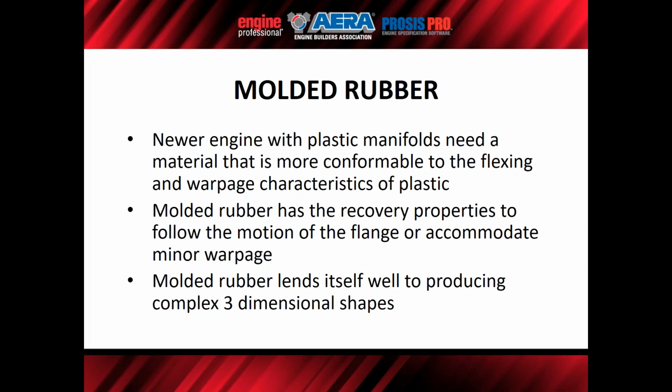You can injection mold all different types of shapes into these mold cavities. So it gives creativity and flexibility to the engine designers on how they want to form an intake runner system, and then build in how we're going to seal it. So it works really well for three-dimensional shapes.